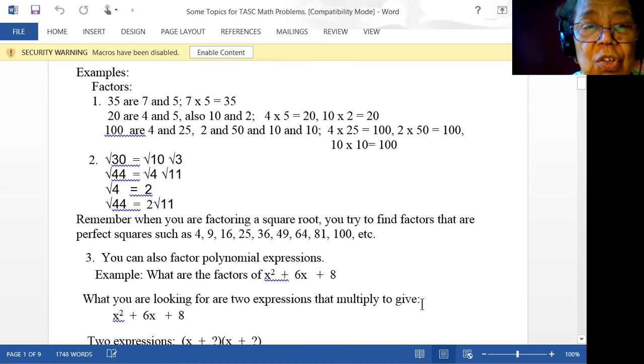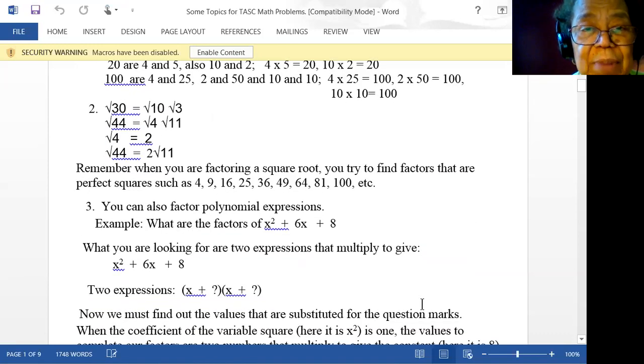Now, you can also factor polynomial expressions. What are the factors of this expression? x squared plus 6x plus 8. What you're looking for are two expressions that you can multiply to give this x squared plus 6x plus 8.